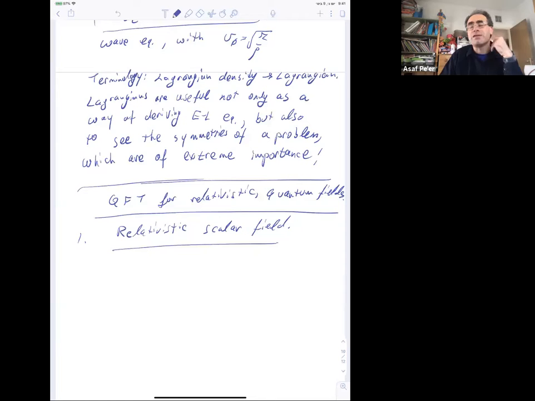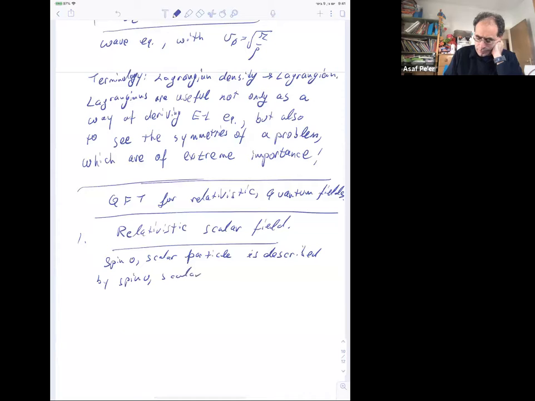What equation does the field phi have to satisfy? What equation does a spin zero scalar field have to satisfy?